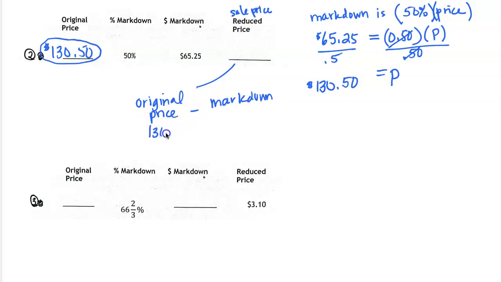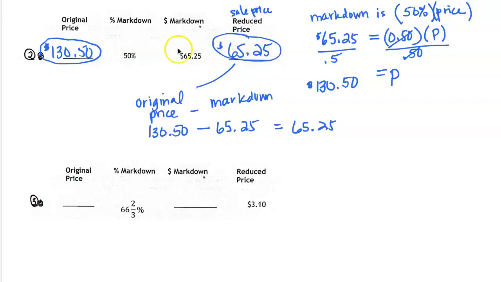Our original price was $130.50. Our markdown was $65.25, and that leaves us with $65.25. And again, this makes sense in this situation because if you're marking it down half, the amount you pay should be half of the original price.